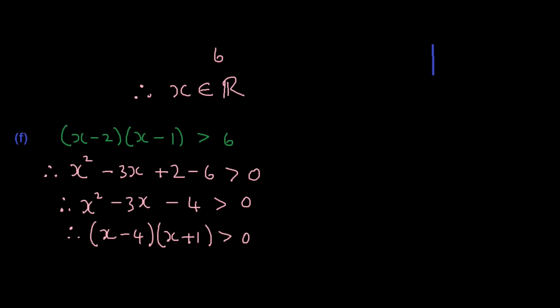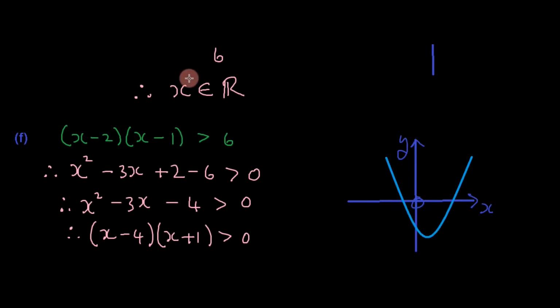So greater than 0. We can now draw the parabola. In this case, our roots are negative 1 and positive 4. So negative 1 and positive 4.